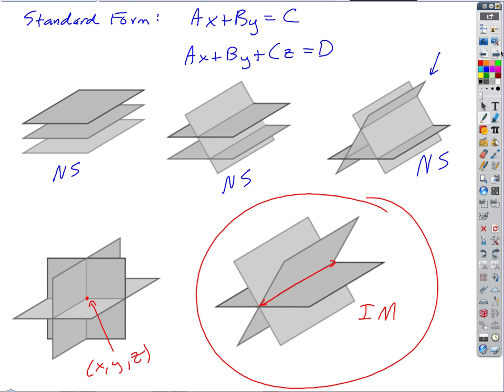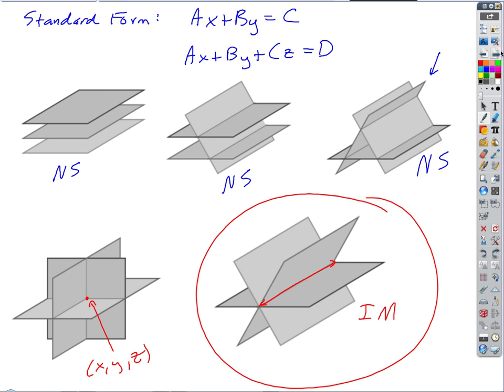Now look at this first row up here. They're pretty different. But if we're looking for the places where all three planes intersect, the points that are common to all three planes, how many are there in all those situations? None, right? So those would all be situations where we have no solution.